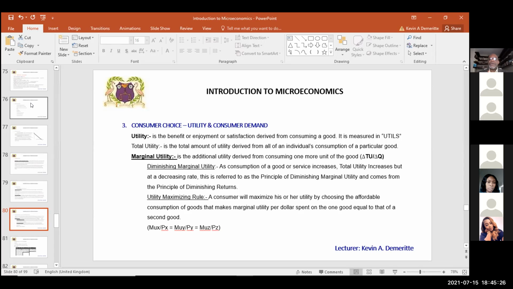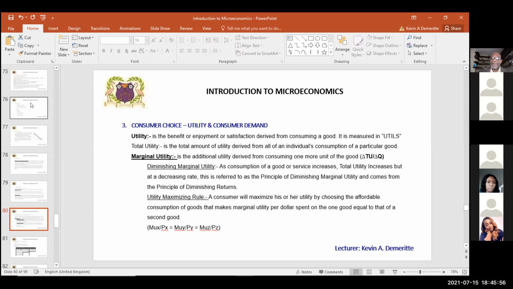So the total utility is the total amount of utility derived from all of an individual's consumption of a particular good. Then we have what is called marginal utility. If your total utility is your total enjoyment, your total satisfaction, the marginal utility is that extra enjoyment, that extra satisfaction, that additional utility you derive from consuming one more unit of the good. Right?